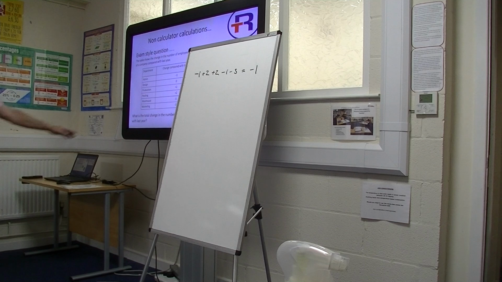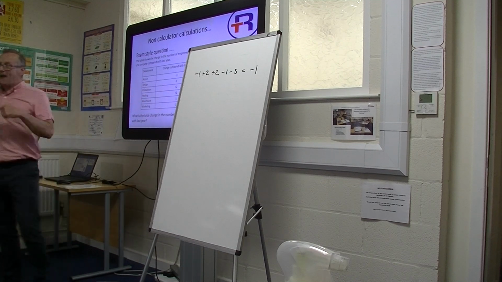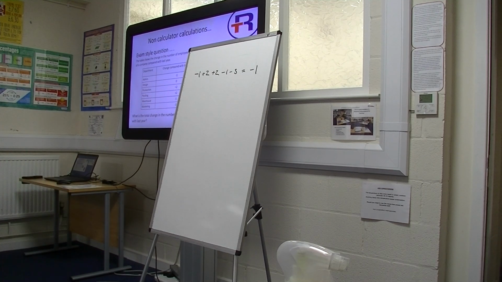Don't move it because there's no change in design. Now add 2. Now add another 2. We should be now at the number 3. Now take 1 away from that. And now take 3 away from that. Are you at -1? Mm-hmm.